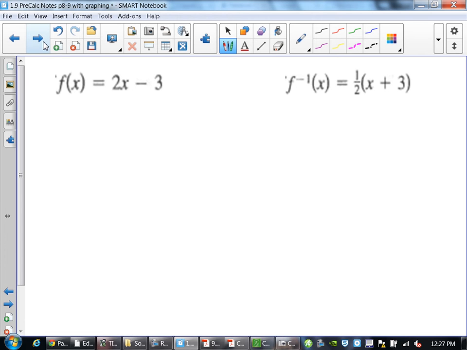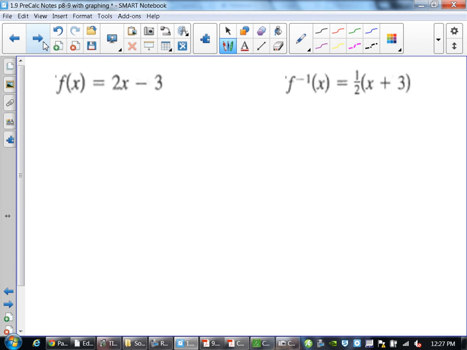Same thing as x plus 3 over 2. Because remember when you did exponent rules? A to the negative n was 1 over a to the n. Anything to the negative 1 is 1 over x. It's the inverse. That's all that is.